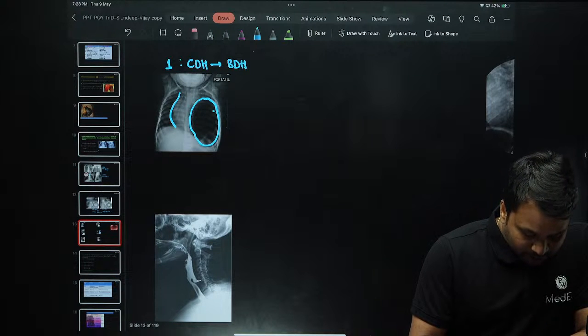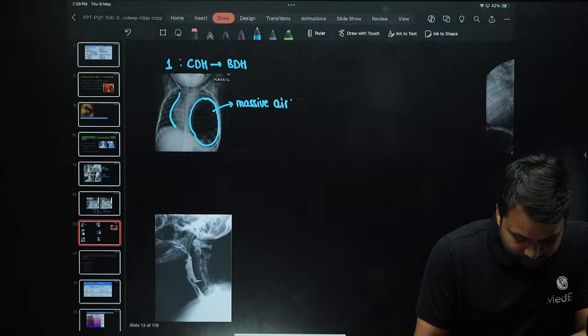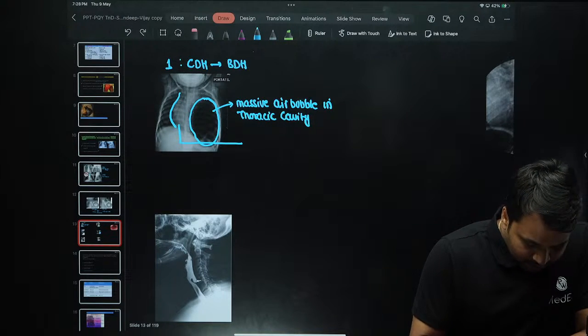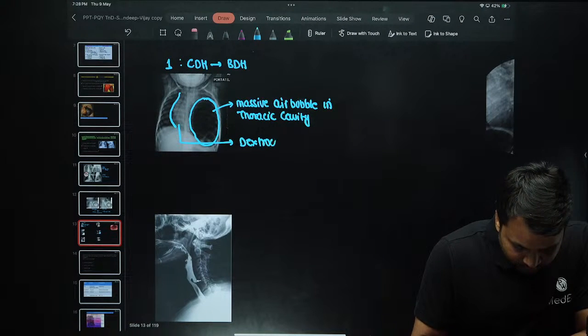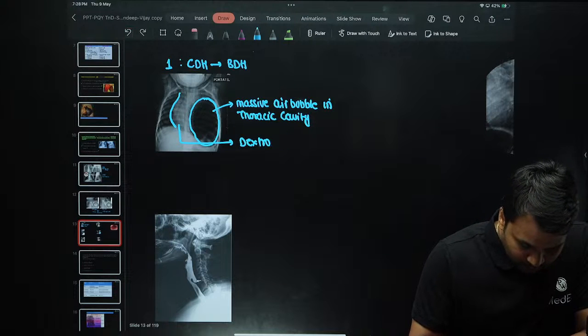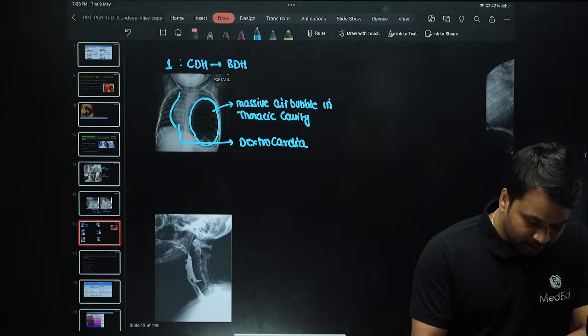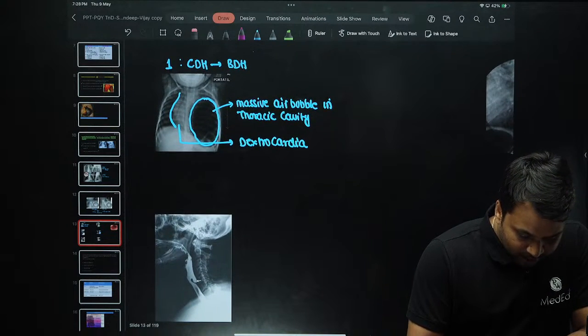In the Bochdalek hernia, you see there is a massive air bubble in the thoracic cavity. There is a shift of the mediastinum, and that shift is what we call dextrocardia. So there is an air bubble and dextrocardia. In fact, the triad of Bochdalek hernia is RDS.